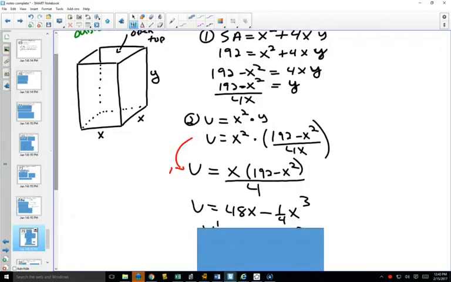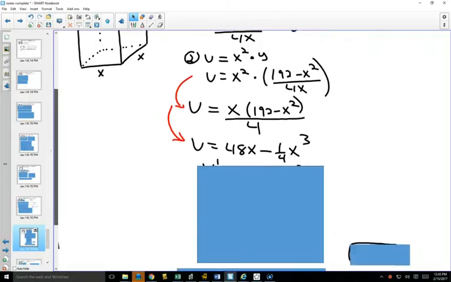From this step to this step, I multiplied out the top, and then I divided each of them separately by 4, because then this would be in a form that I could just use my power rules when I differentiate. I could have left it as the line before and used quotient rule or product rule, but I felt it would be easiest if I got it into the form, so I just had to use my power rule to find the derivative.